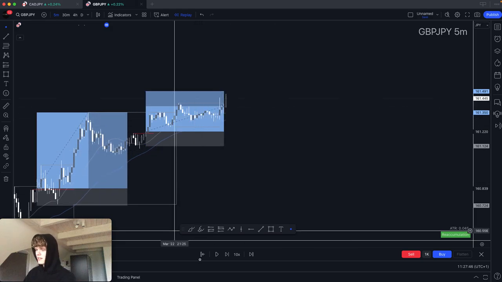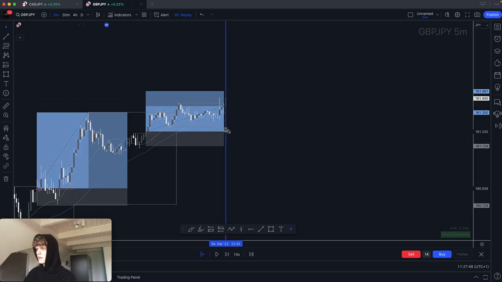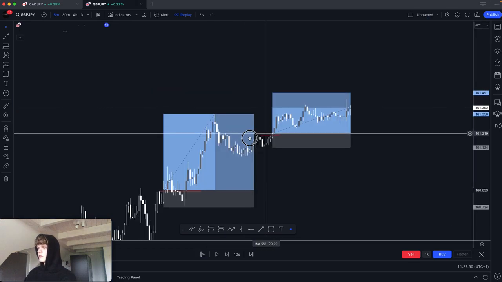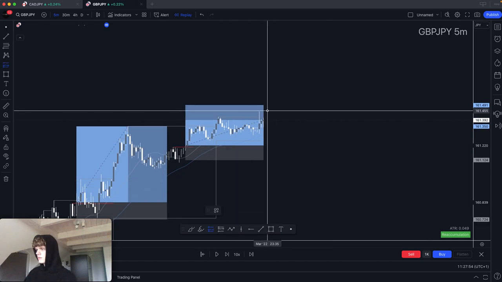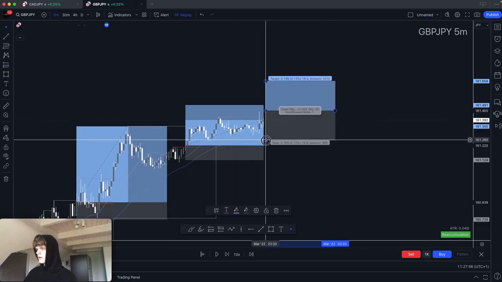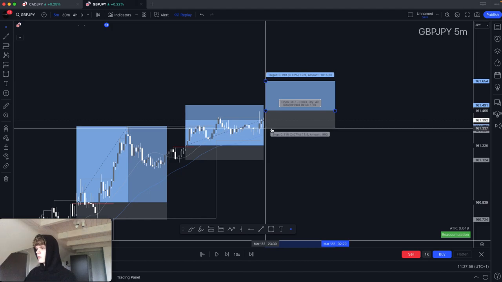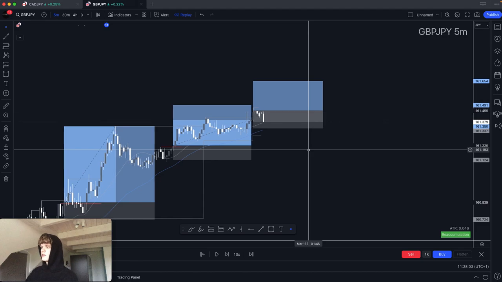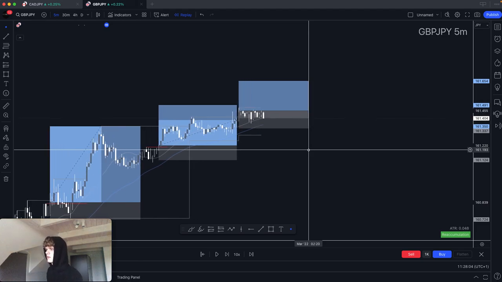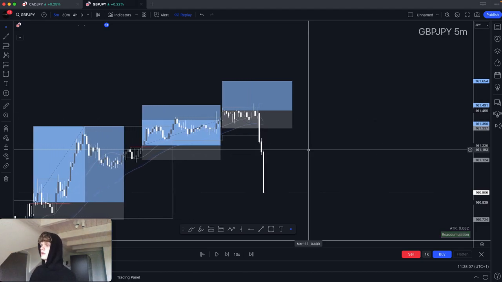I was about to say this was a beautiful setup as well. Just because it was the first candle that tapped me in, I'm still going to take this. Obviously, on live I probably would only take one, because it's just too many of these setups.